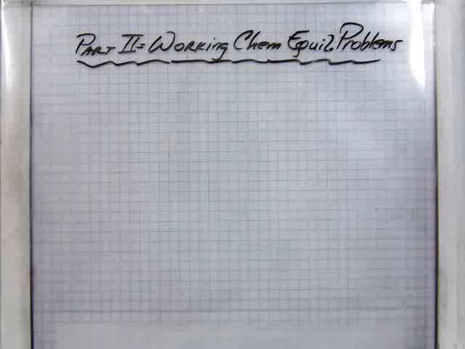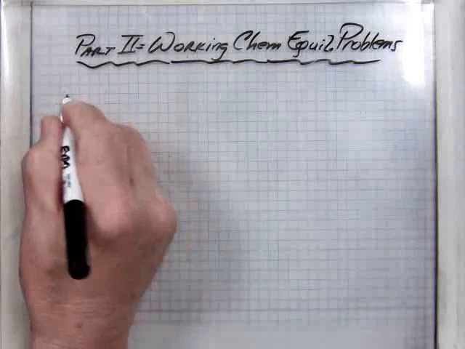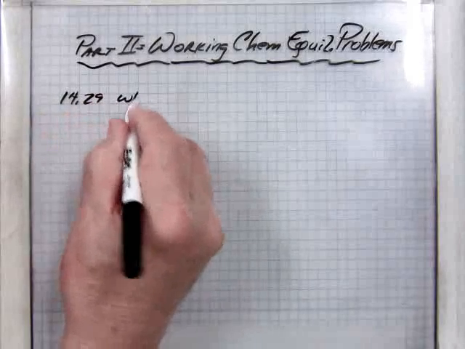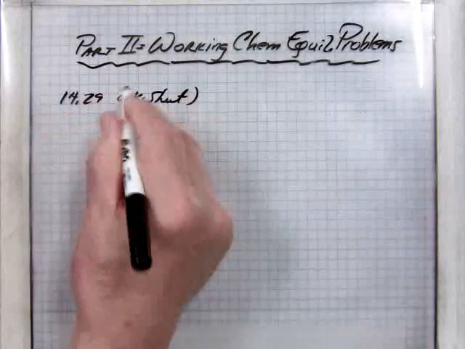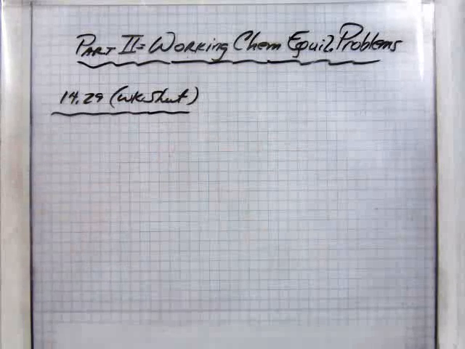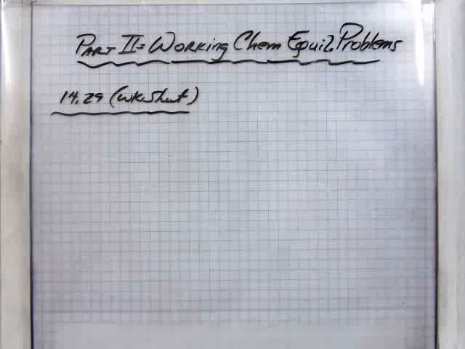So we want to teach you how to set these problems up and why I'm doing certain things as I'm doing them. Okay. So problem 14.29 from the worksheet. It reads, a 2.5 mole sample of phosphorus pentachloride dissociates at 160 degrees Celsius in 1 atmosphere to give 0.338 mole of phosphorus trichloride, PCl3, at equilibrium.